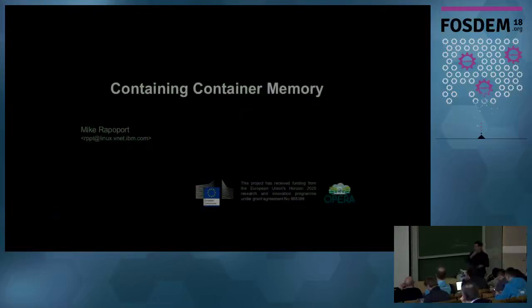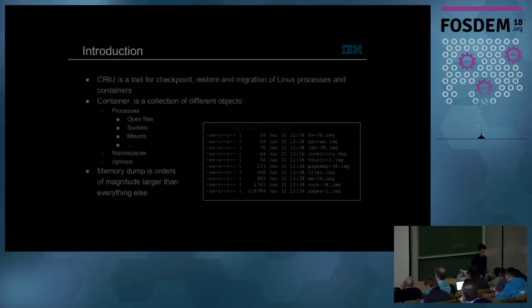Hello. So, CRIU and container checkpoint, restore, and migration have already been talked about a little bit. In general, CRIU is a tool for checkpointing, restoring, and migrating Linux processes and containers. Now, a container, from the bottom point of view, is a collection of very different objects, like processes.